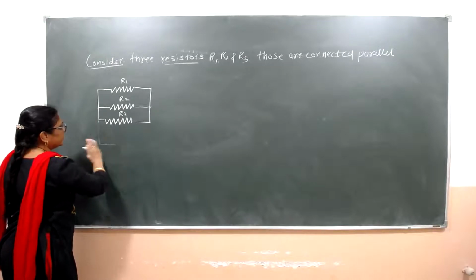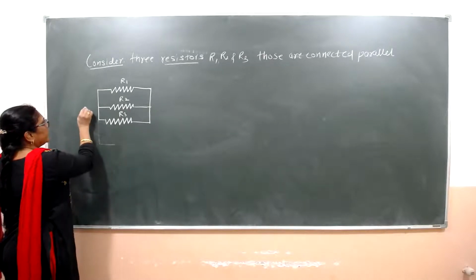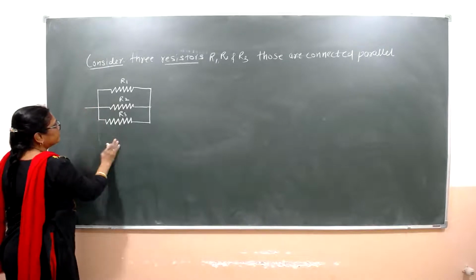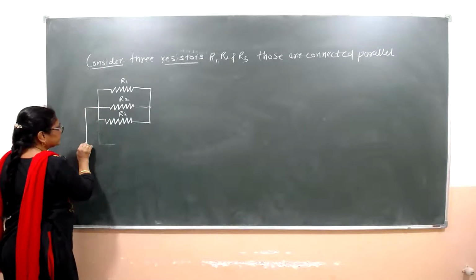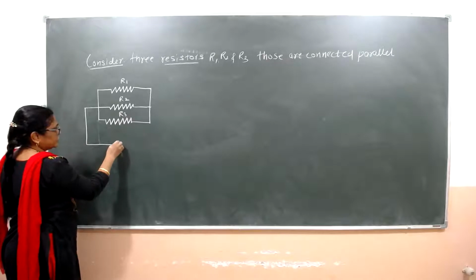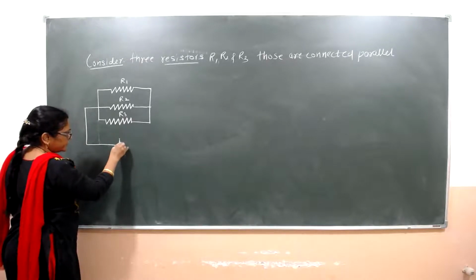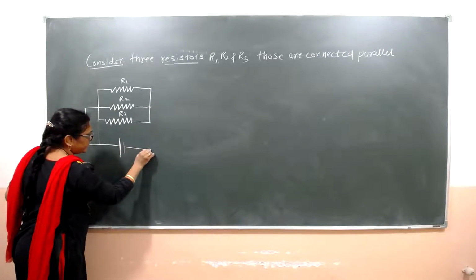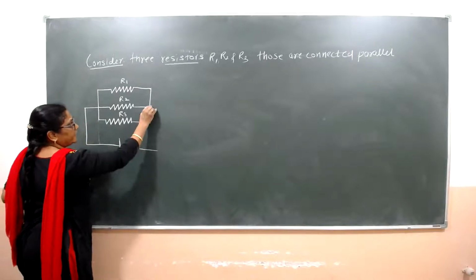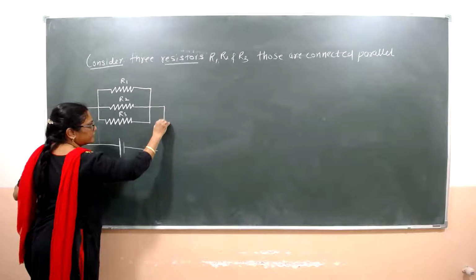Now we apply a potential difference to these resistors, or the potential difference is applied across them. This is a battery, or a potential difference V, connected across the three resistors.